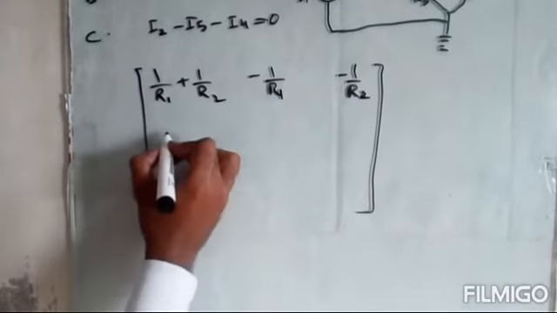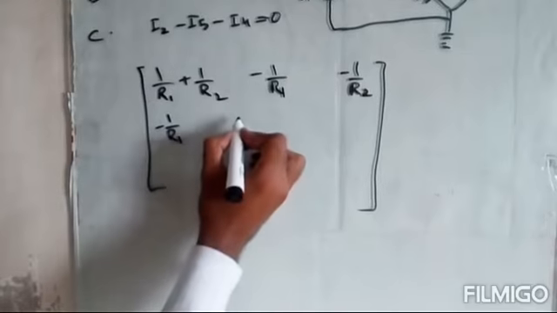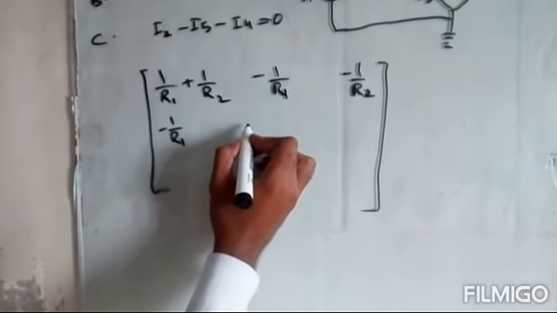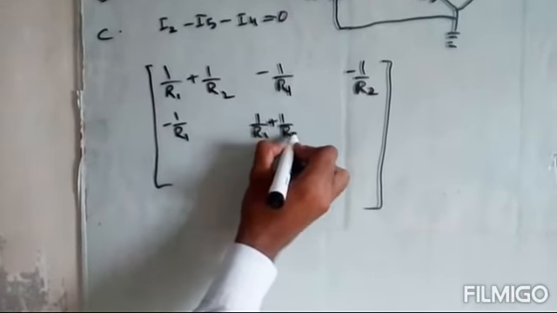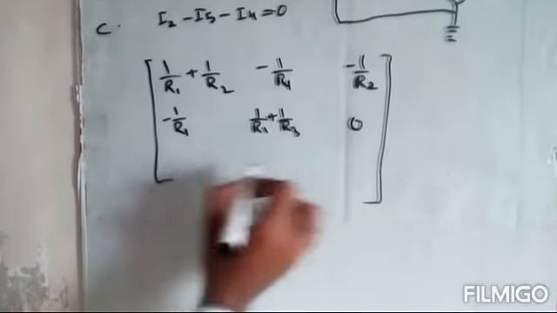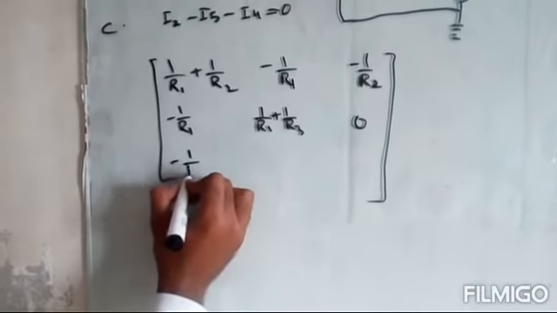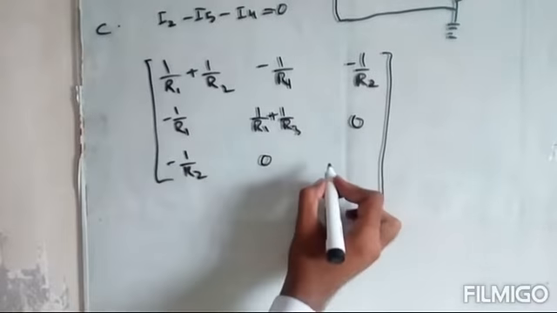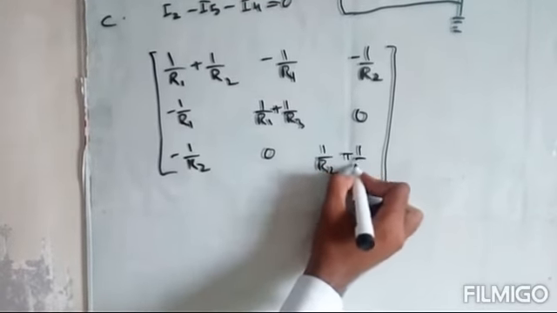In the second equation, coefficient of VA is 1 over R1, coefficient of VB is minus 1 over R1 plus 1 over R3, and coefficient of VC is 0. In the third equation, coefficient of VB is 0, coefficient of VA is 1 over R2, and coefficient of VC is minus 1 over R2 plus 1 over R4.